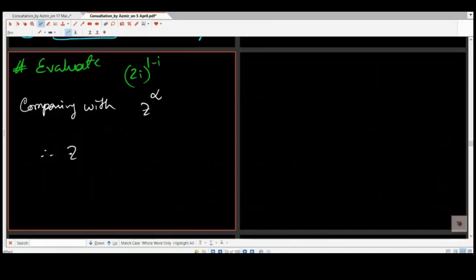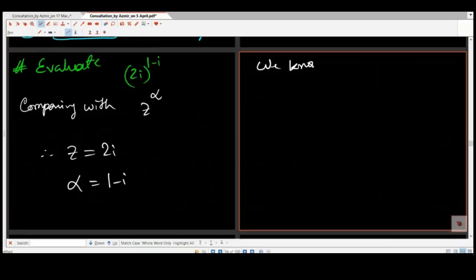So we are getting z equals 2i, alpha equals 1 minus i. So we know that if we have z to the alpha, we can write by definition e to the alpha log z.